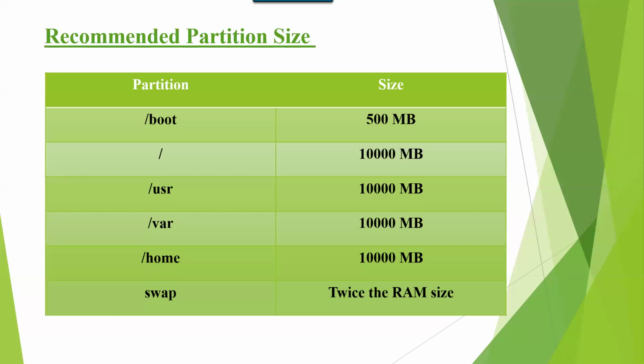Now see, assume your RAM size is 1 GB. You can create 2 GB of swap memory. We can take space from hard disk and we can create 2 GB swap memory. And we add the 2 GB space to our physical RAM.